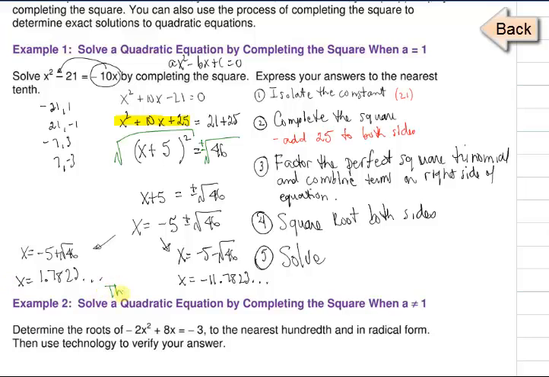So the roots are 1.8 and negative 11.8 to the nearest tenth. So that concludes our example number 1.